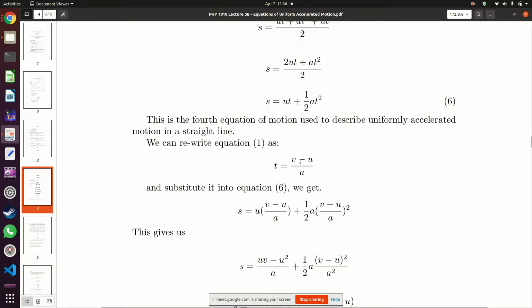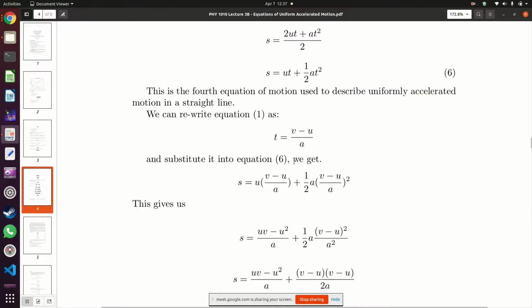Why are we trying to do this? It is because we want to substitute for this t in this equation. So where there is t here, we want to replace the t with v minus u divided by a. Here where there is t squared, we want to replace it with v minus u divided by a, squared.